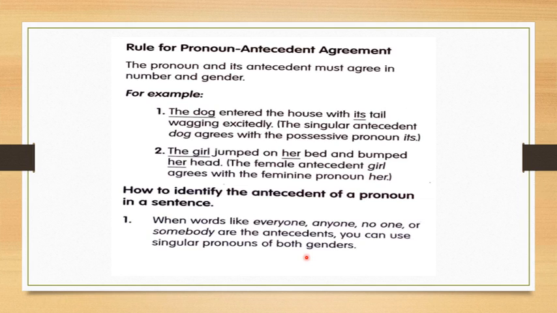Whenever the subject is singular, at that time you are supposed to use singular pronouns of both genders. Everyone, anyone, no one or somebody show only one person, correct? Let's take examples so that you can understand easily.